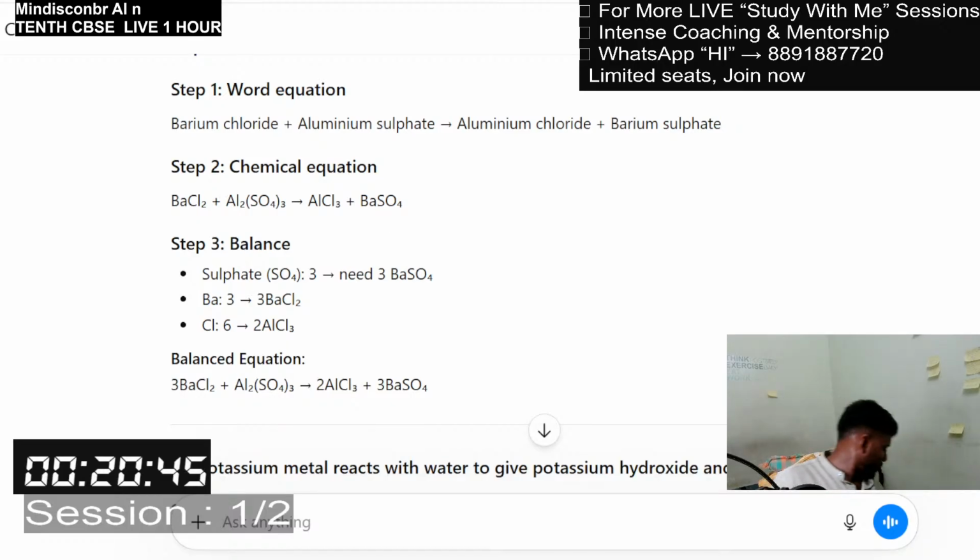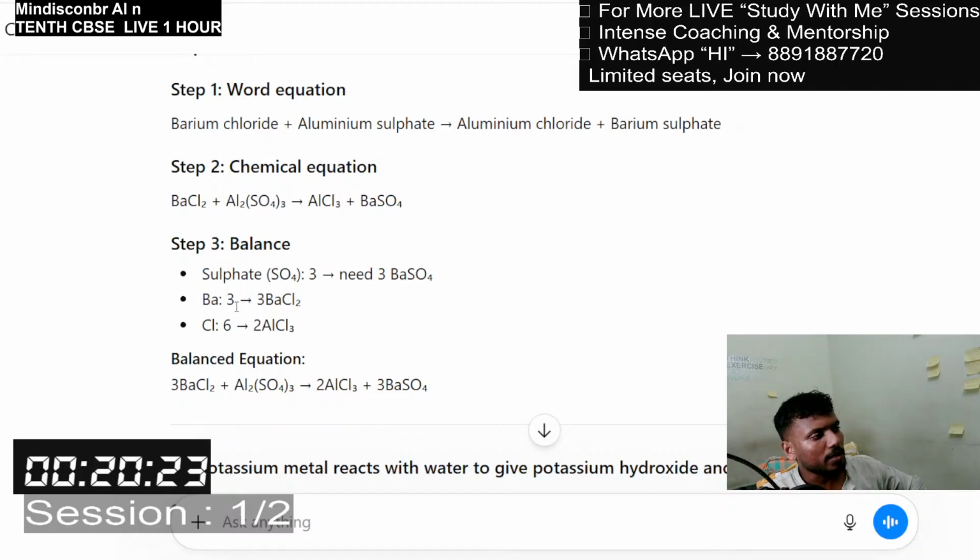So what happens here? Since there are 3 SO4, we must give 3 barium sulfate, 3 BaSO4. Then only we will get 3 sulfur and 12 oxygen atoms.